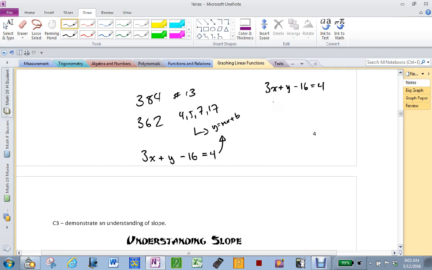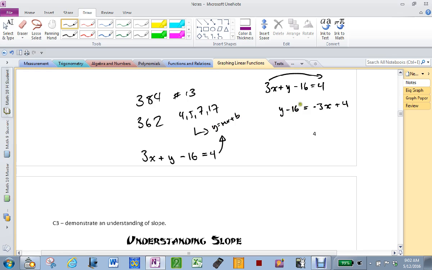Opposite operation. This is a positive 3x. So how do I get rid of it? I subtract 3x. Where else? On the other side. So this guy's moving over here. What's going to happen to his sign? Minus 3x and a plus 4, correct? Everybody cool? What about this guy? Is the constant allowed to be over here with the y?